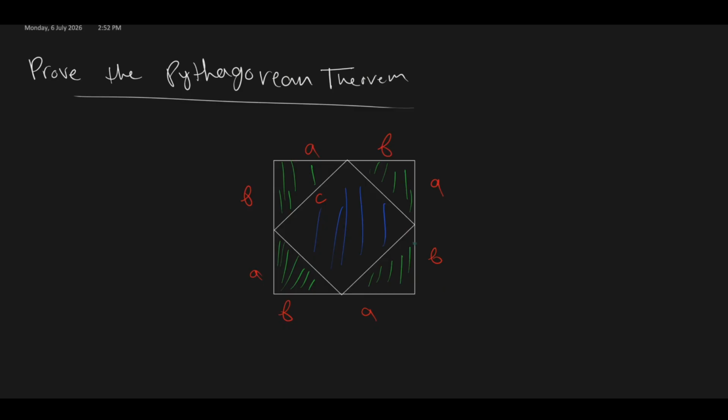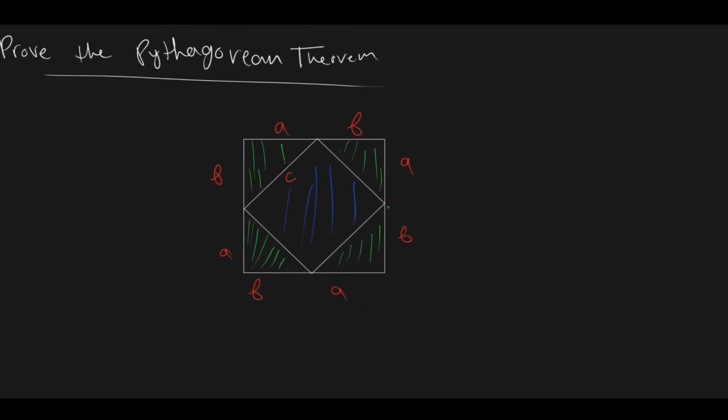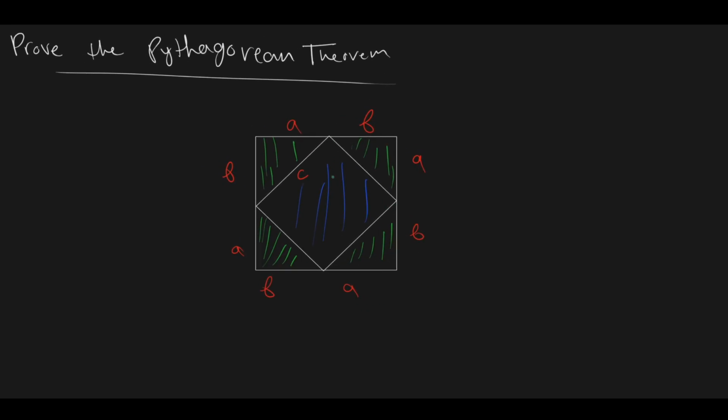To calculate the area of the inner square, it's quite easy. We know the side length is C, and the area is just C times C, which is C squared. So the total area is going to be C squared plus the area of these four triangles.